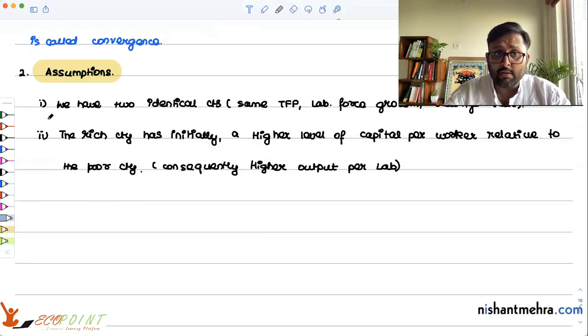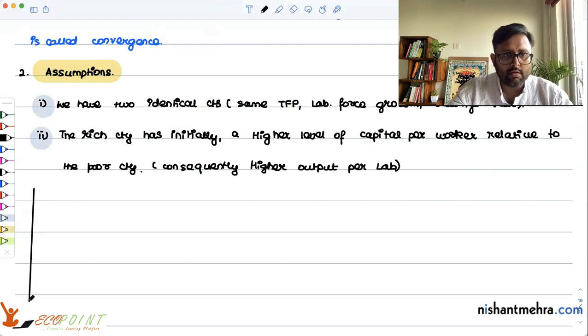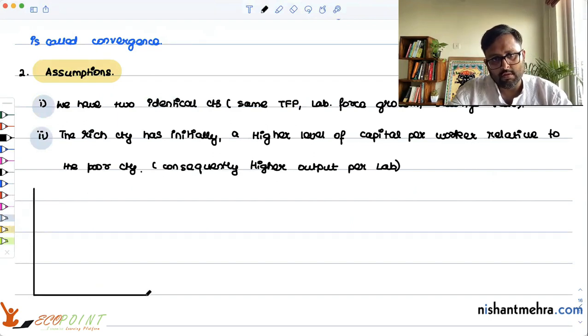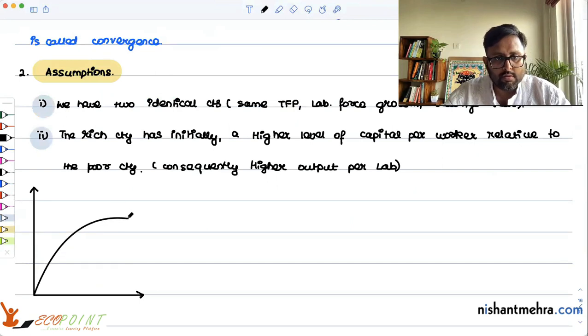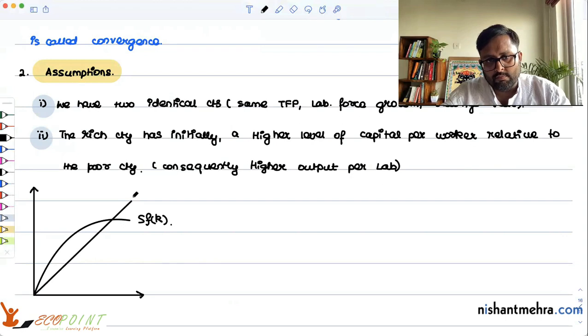So up until now, we haven't come to the point of convergence, right? I'm just going to show it to you. I hope you remember this curve, the sf(k) curve, and this is your (n plus delta)k curve.